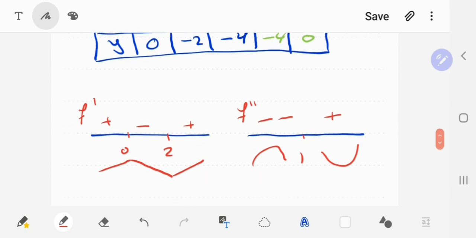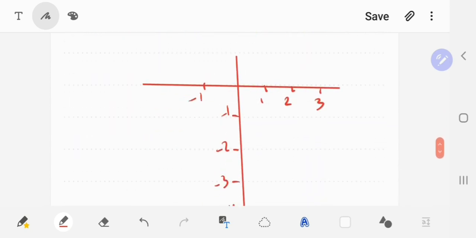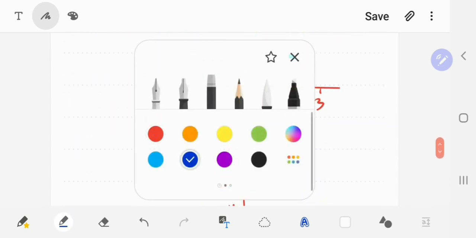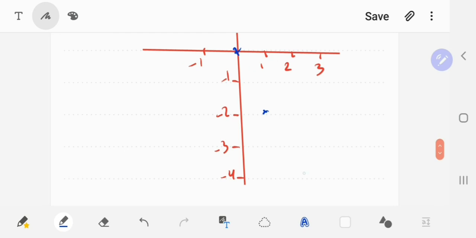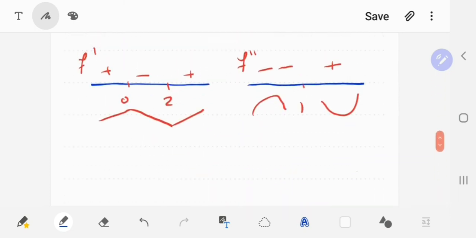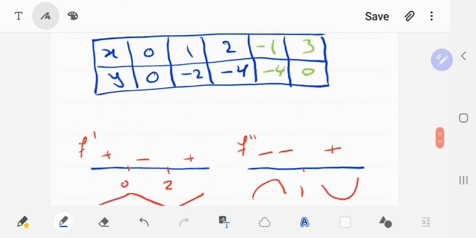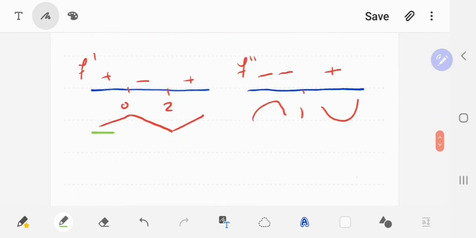First point is 0, 0, 1, negative 2. Let's plot these. 0, 0, 1 and negative 2, 2 and negative 4, 3 and 0, negative 1 with negative 4. That's what we found. Okay, now let's try to translate everything.